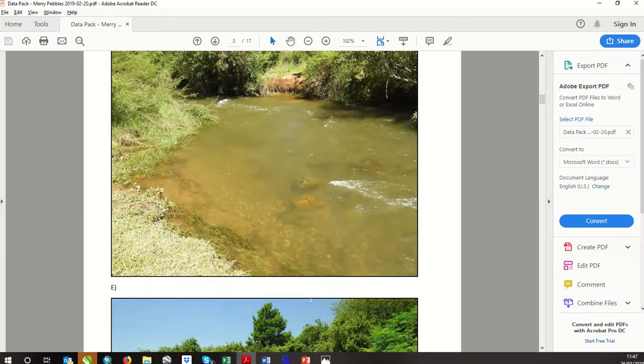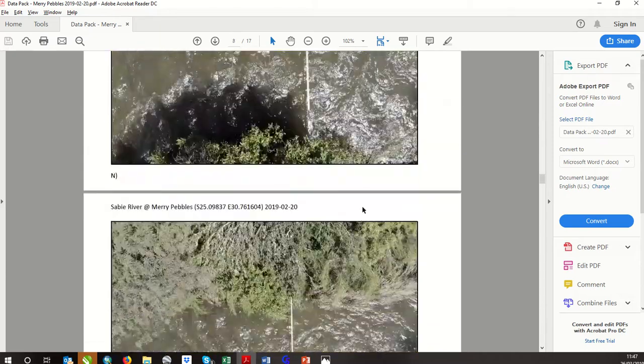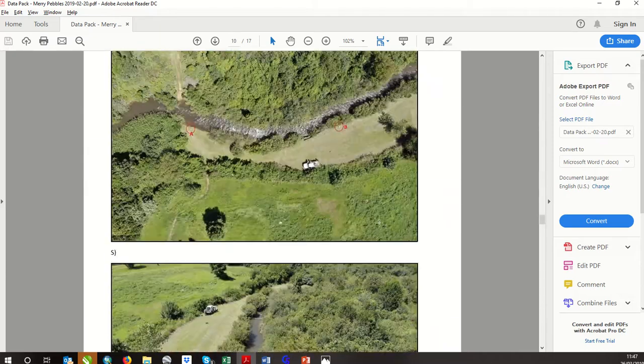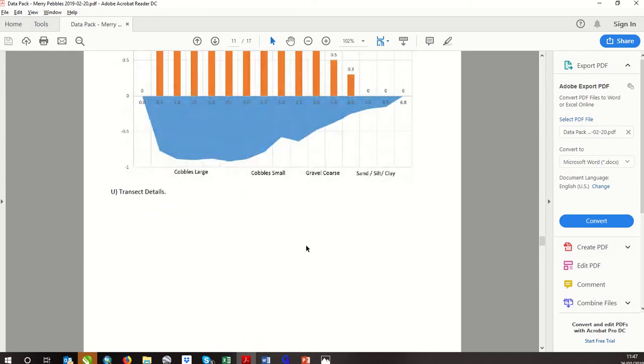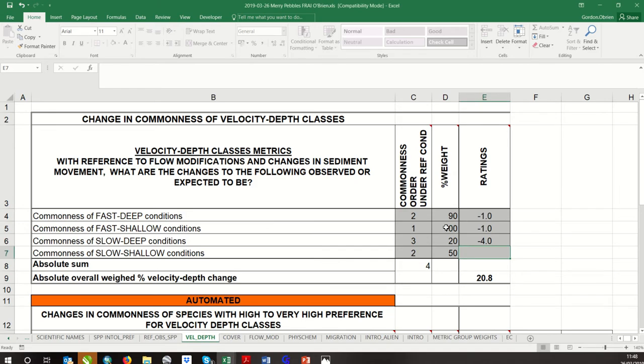Again, if I go back to Rob's assessment, I can look at his habitat availability sheet, and I can see here that slow shallow was not very common, but it did occur there, and it occurred with overhanging vegetation and substrates. So it cannot be as extreme. I'm going to call that -3.